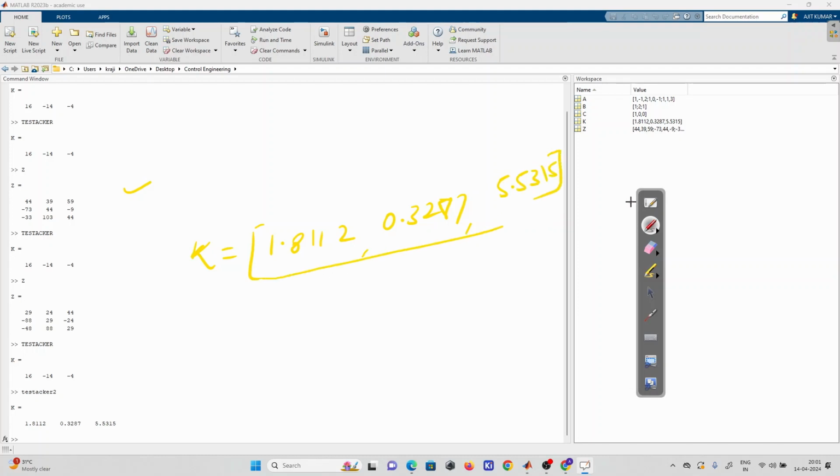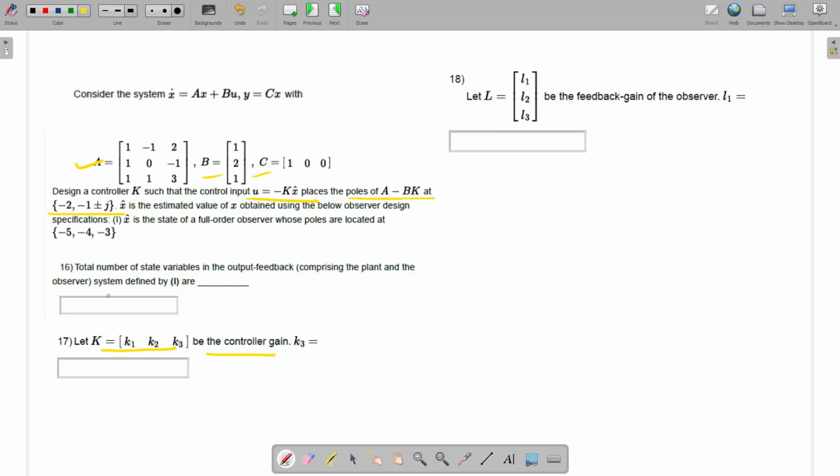Okay, so if you see what is asked, K3, so K3 is 5.5315. This will be the value.